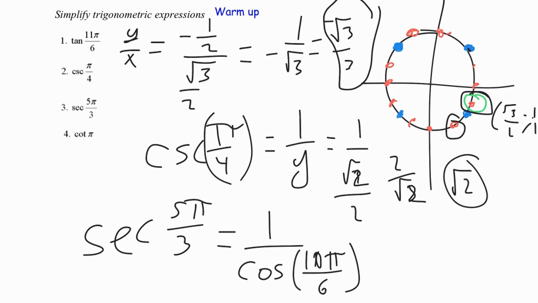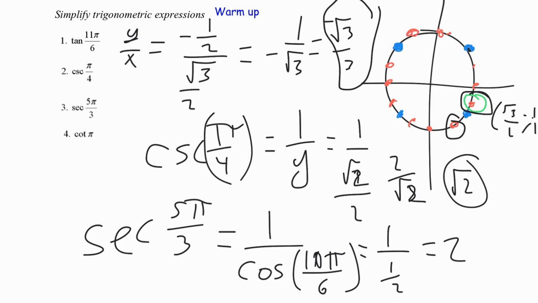So the x coordinate of that is 1/2. It's to the right, so that's 1/2. It's very far down, so the y coordinate would have been negative square root of 3 over 2. But because we're talking about cosine, that's the x, so that would be 1 over 1/2, which is 2.